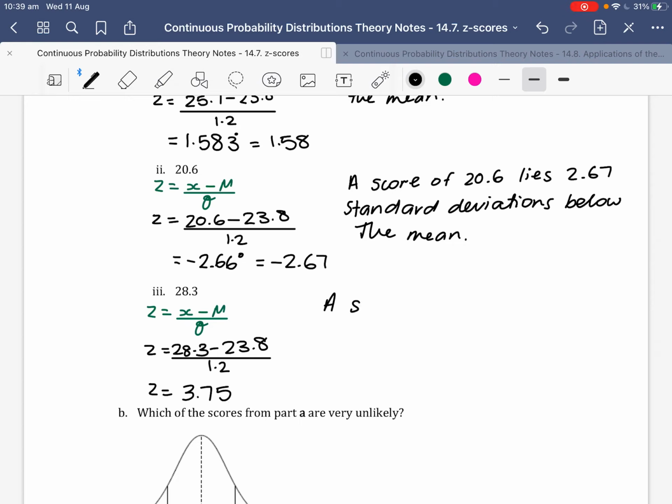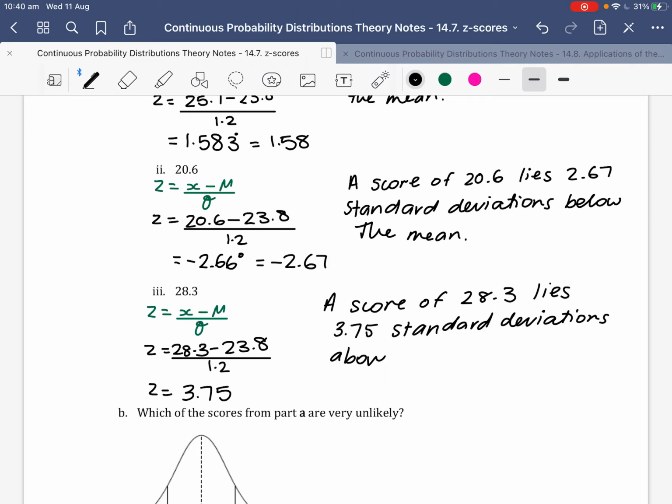So a score of 28.3 lies 3.75 standard deviations above the mean.